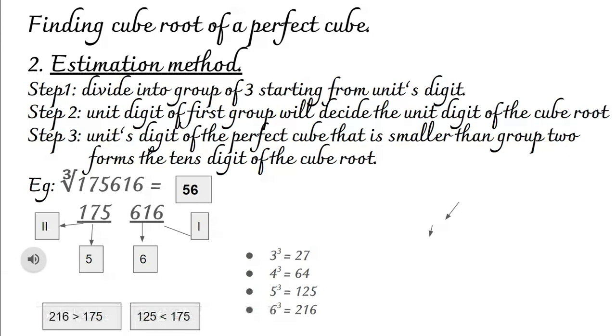That will be 5 itself, isn't it? So, 125 is the cube of 5. So, 5 will become the tens digit of this cube root. So, the cube root of 175,616 will be 56. And this is exactly the same result we obtained by the prime factorization method also, isn't it?